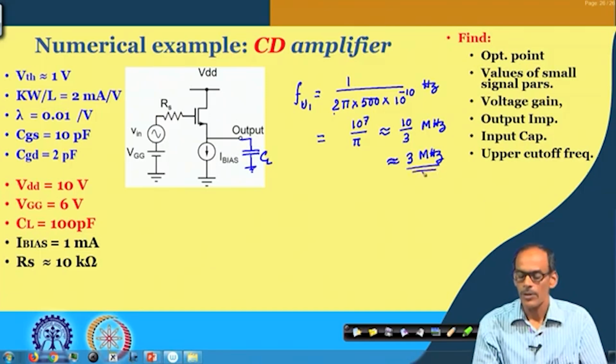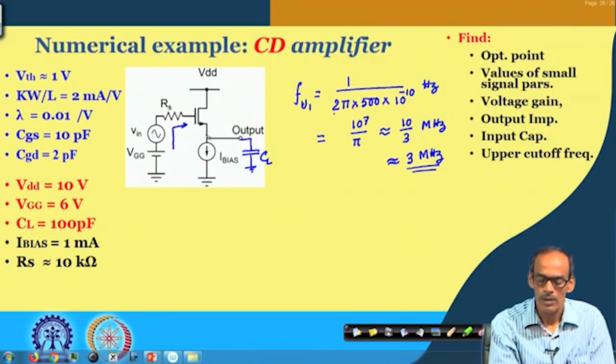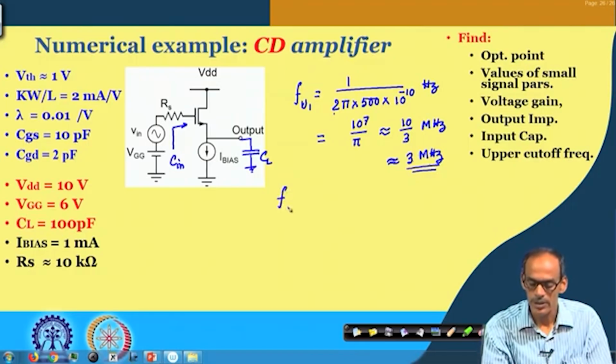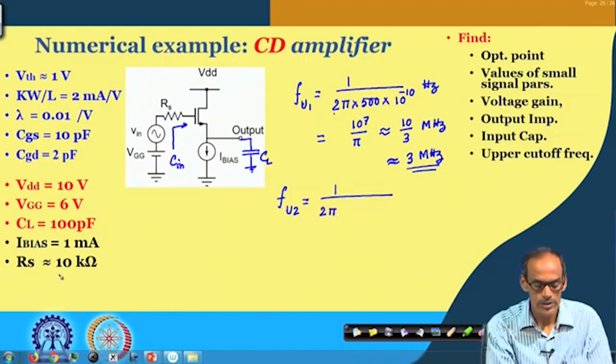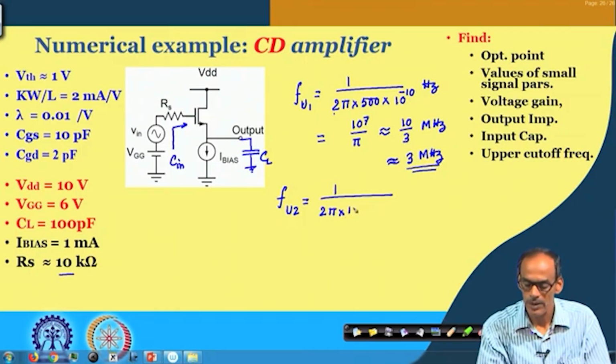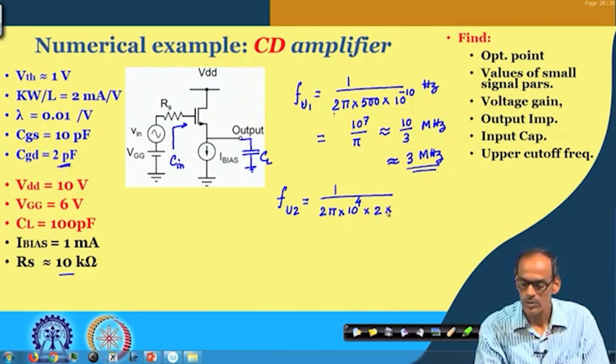Of course. And then the other candidate to define the upper cutoff frequency comes from this RS and C in. So f2 equals 1 by 2 pi into RS, we are taking 100 K, 10 to the power 4, and then C in is 2 picofarad, so 2 into 10 to the power minus 12.